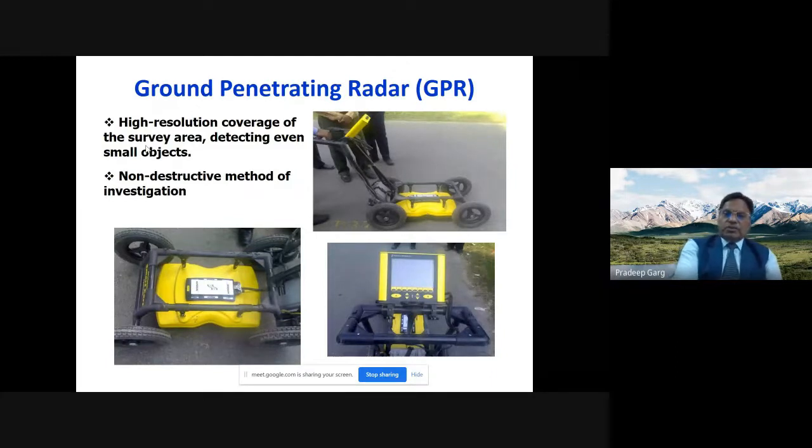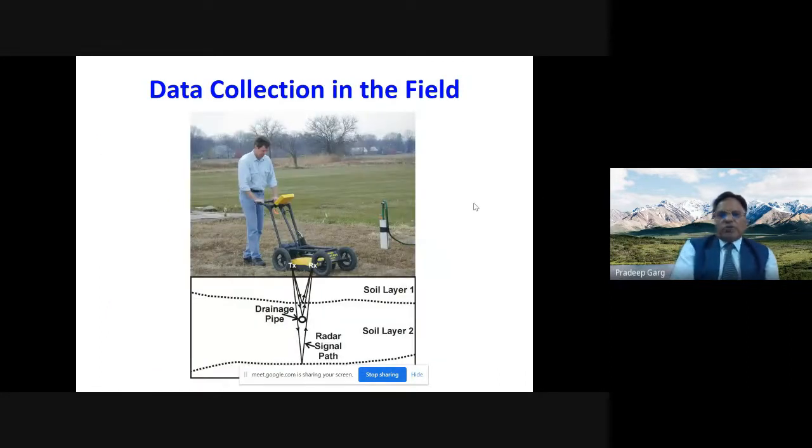This trolley is moved over the ground, and the radar beam will penetrate the ground to a certain depth, and it will give me information whether there is a pipeline below the ground, or whether there is a copper wire found, or something like that, or there is a buried structure. For example, this particular slide is showing you the person is moving that particular trolley, and there is a drainage pipe below the ground. Then there are different kinds of soil layers.